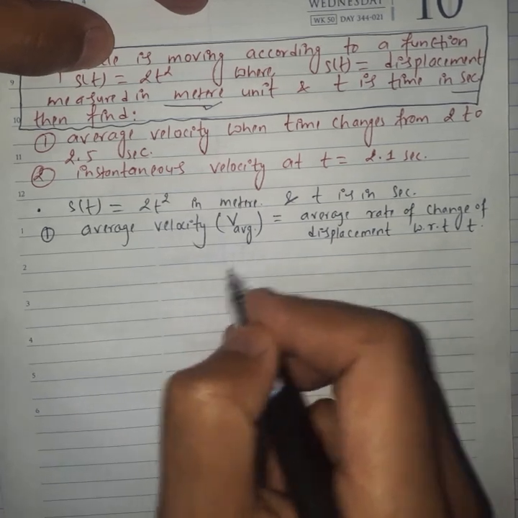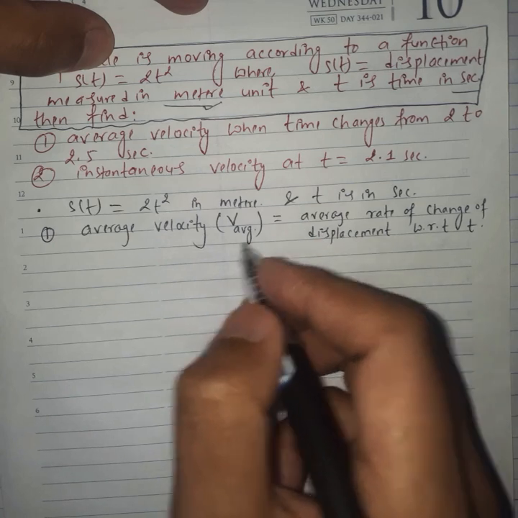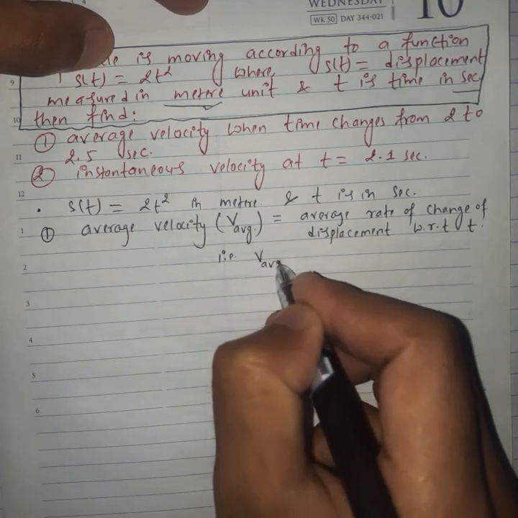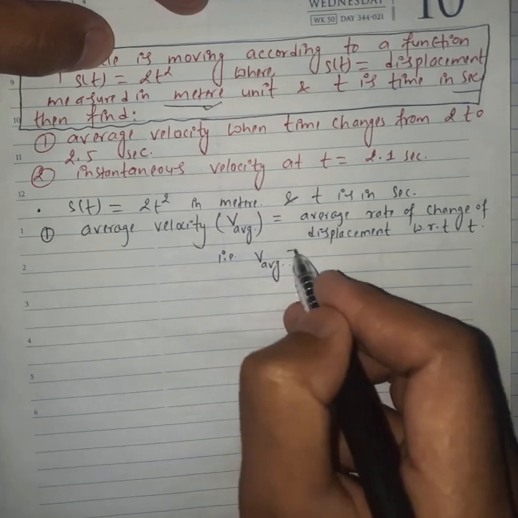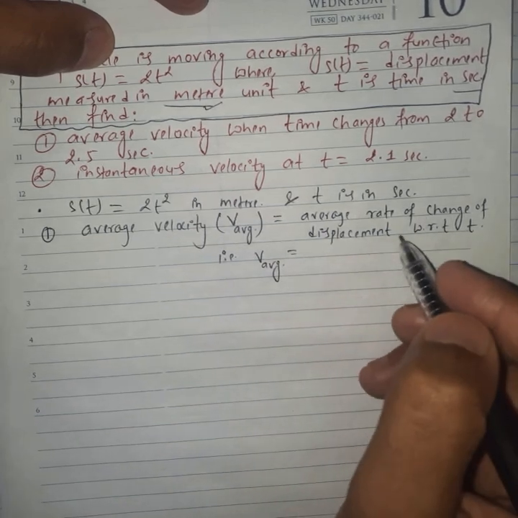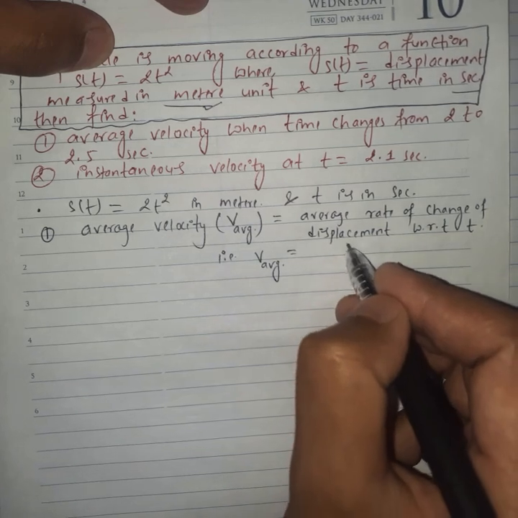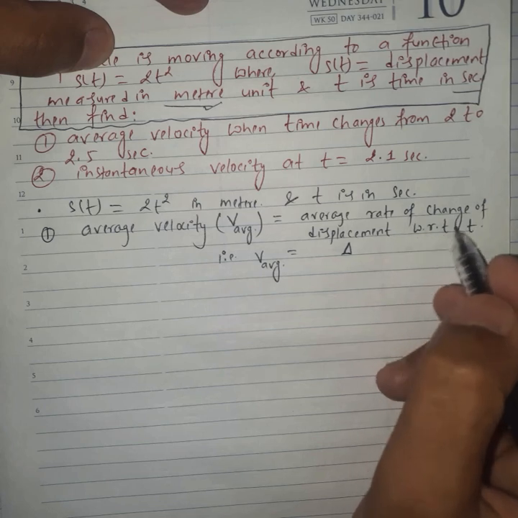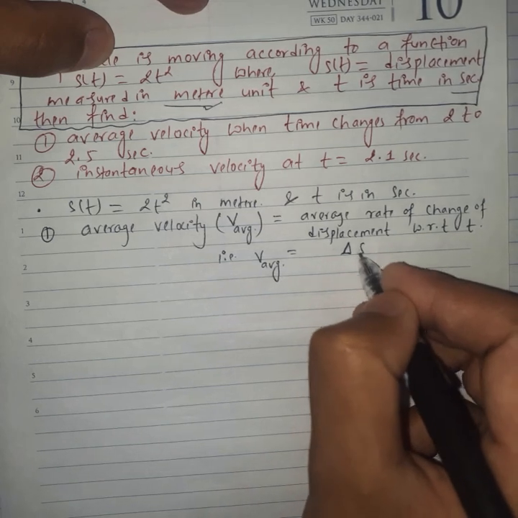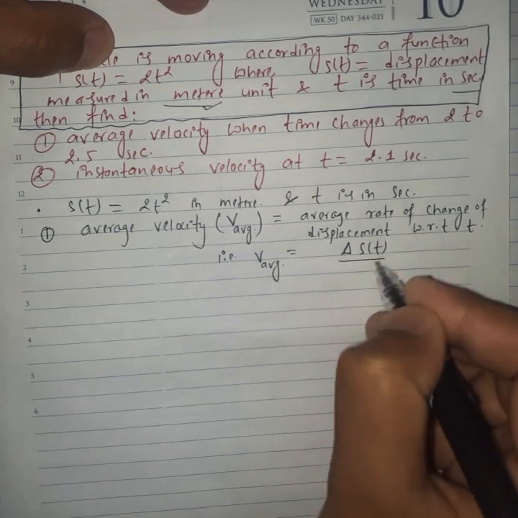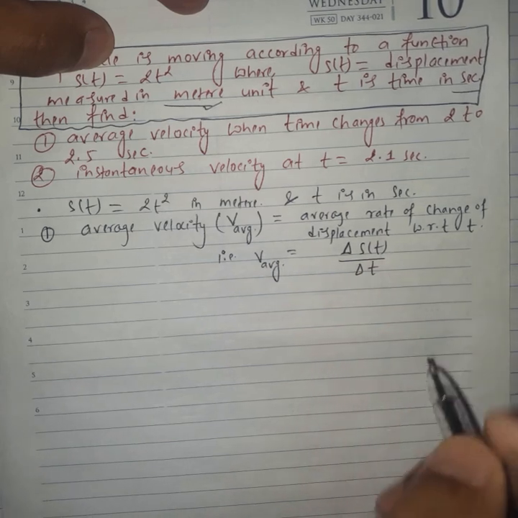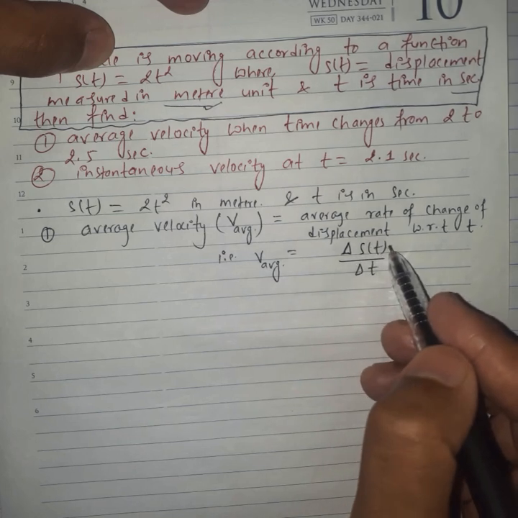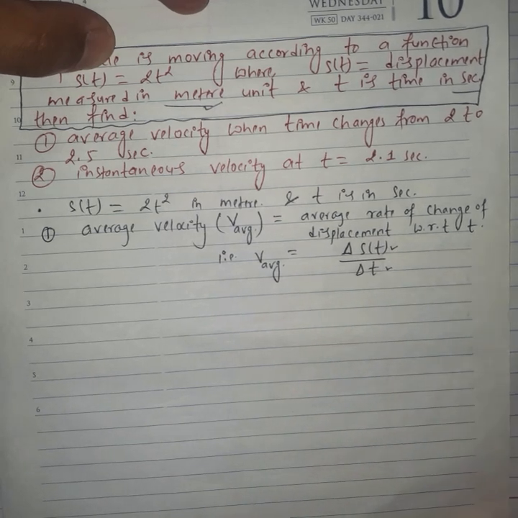Let's write it symbolically. The average velocity equals the average rate of change of displacement with respect to time, written as delta s of t over delta t. This symbol represents the average rate of change of the displacement with respect to time.